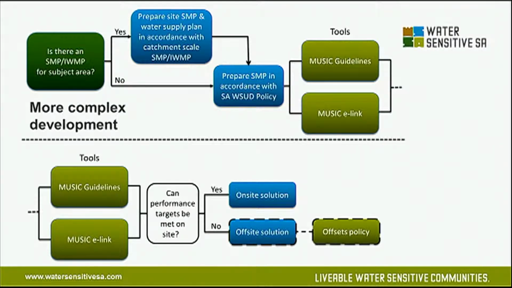And if you don't have one, you'd obviously prepare your stormwater management plan for that greenfield site in accordance with the WSUD policy when it gets up. And then with the MUSIC guidelines, Goyder have done some work in looking at what sort of input parameters are suitable for Adelaide's conditions, and I know that report might be available sometime in the near future, Baden. So that could inform that guideline.